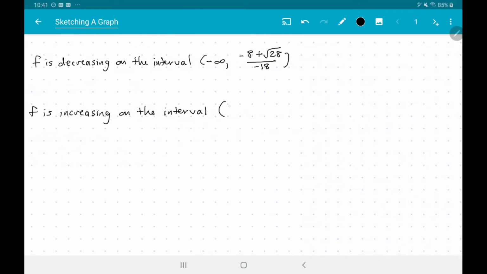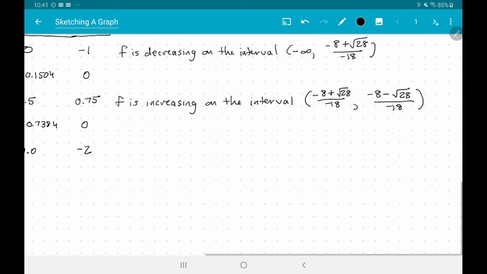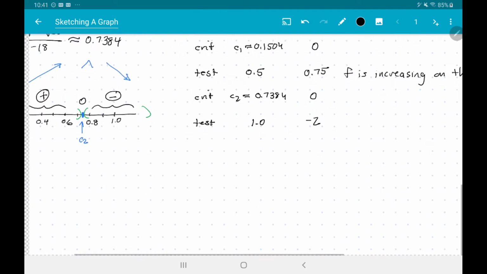So this interval starts at negative 8 plus square root of 28 over negative 18. And it continues to the other critical number, which is negative 8 minus square root of 28 over negative 18. So that's the second interval.